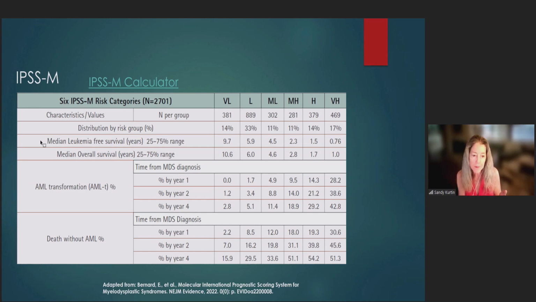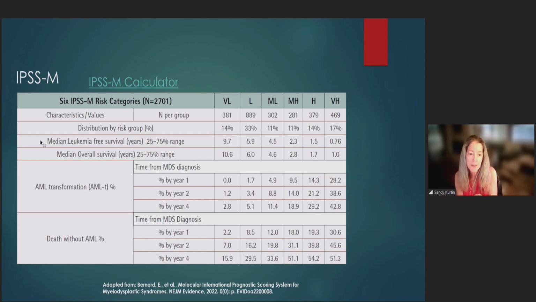And then time from MDS diagnosis and death without AML, again, looking historically back at counts and trying to estimate that. But even if you just have a newly diagnosed patient, you're going to have a big difference: 15.9% death without AML in the very low risk, 51% in the very high.